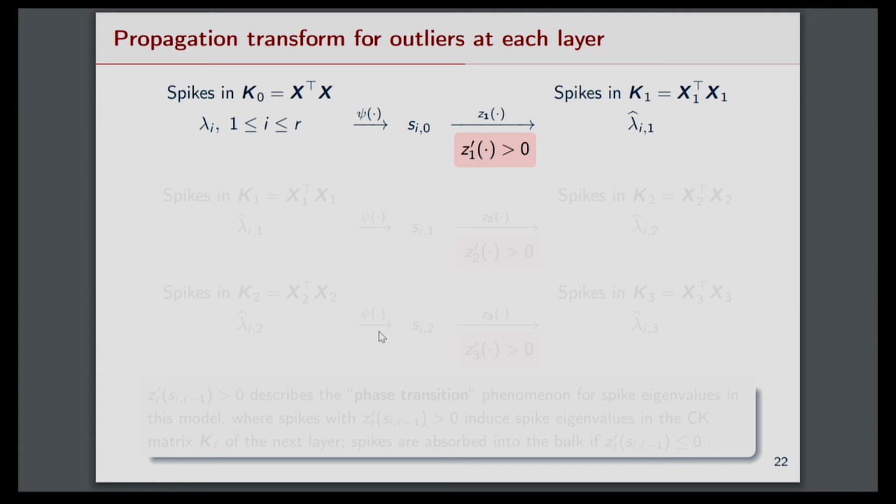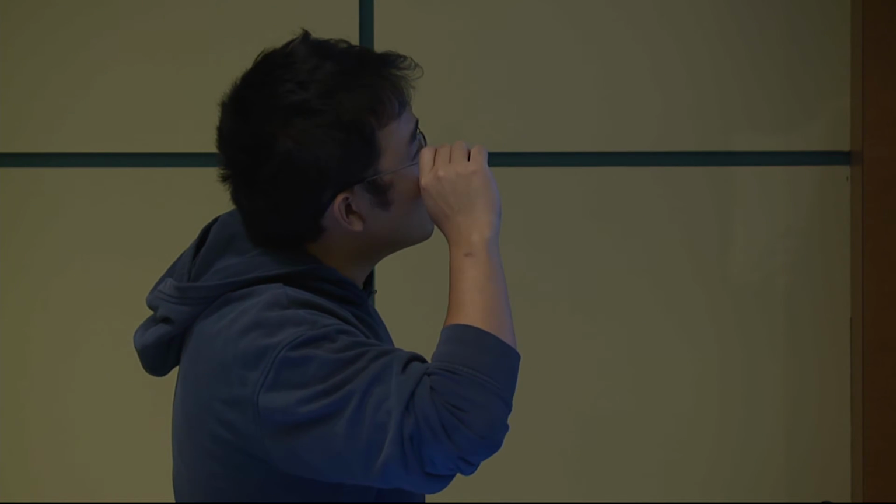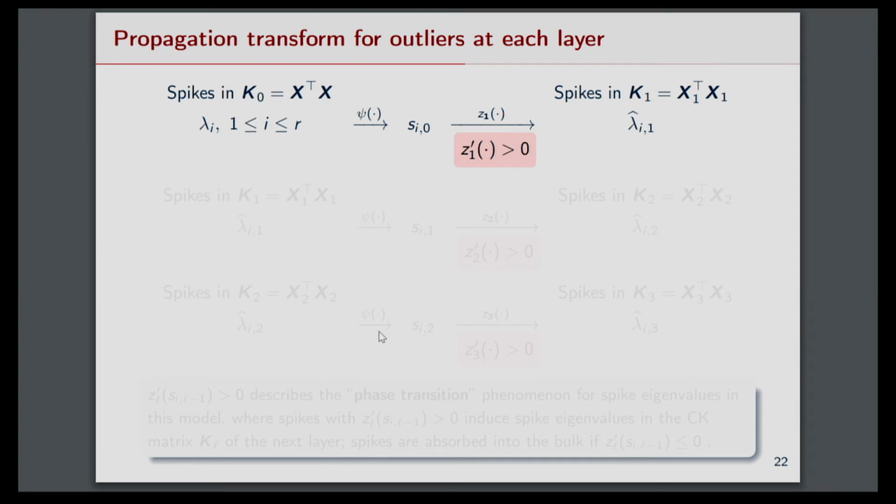Now we can consider the case that R is not zero. Suppose that you have R outlier eigenvalues. How do they propagate through the random neural network? Here is a diagram for the propagation of the spike. Let's say we have lambda 1 to lambda r, which are the spikes in the data set.